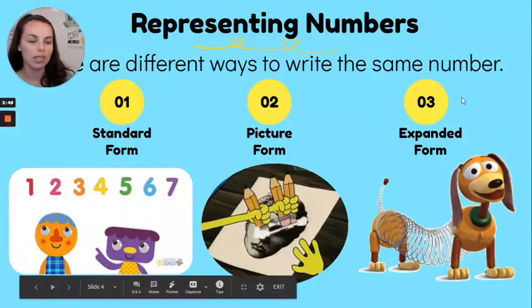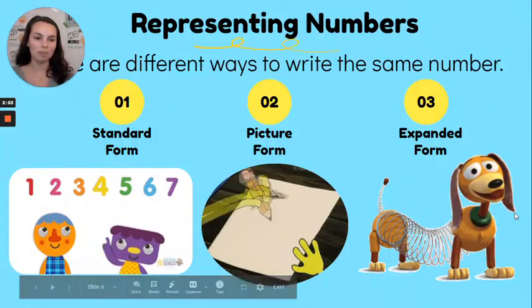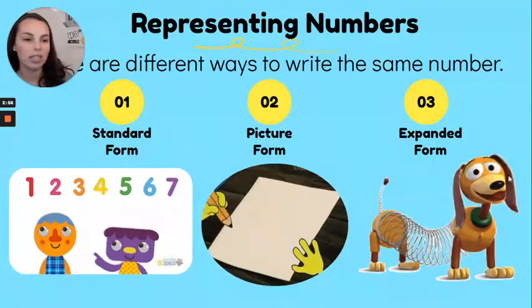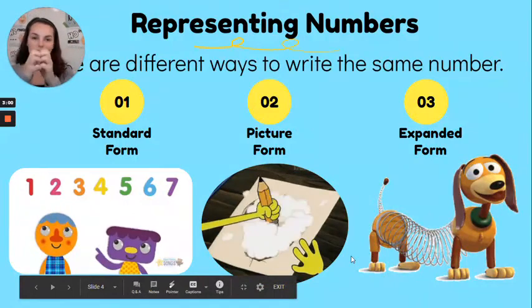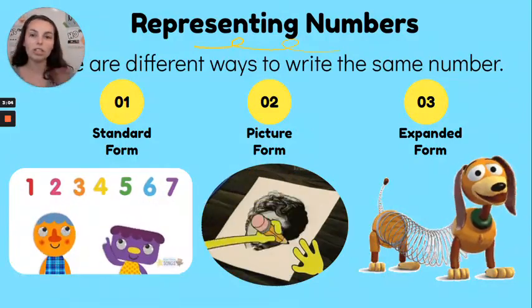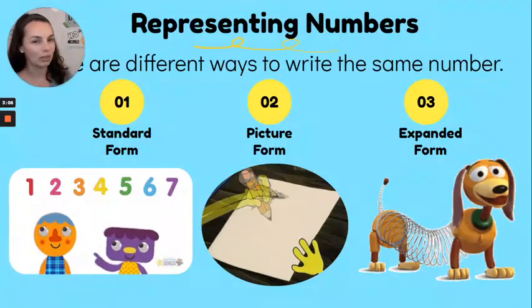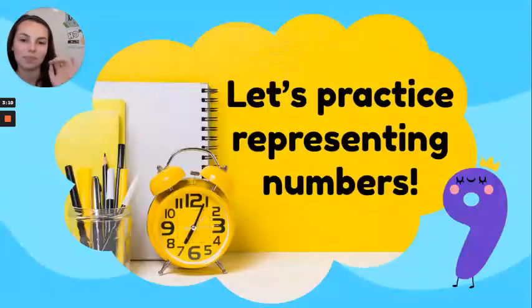And I can represent a number by writing it in expanded form. If you've seen the movie Toy Story, this is Slinky Dog, and his body is a slinky. That means if you pull it, it will expand and get bigger. So when we're expanding a number, guess what we're doing? We're making it longer, making it bigger.